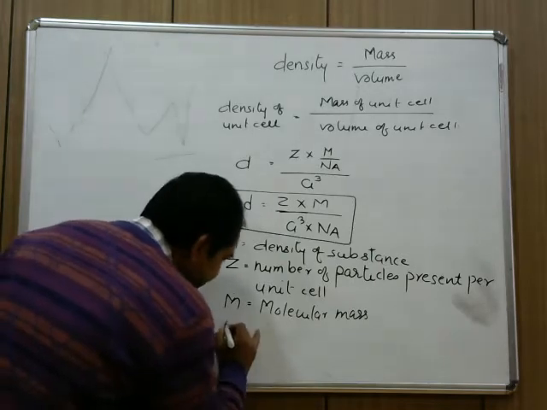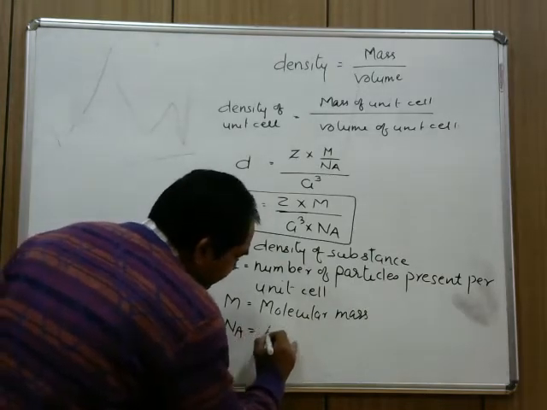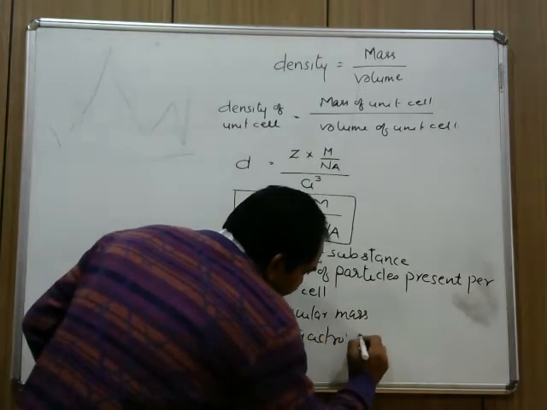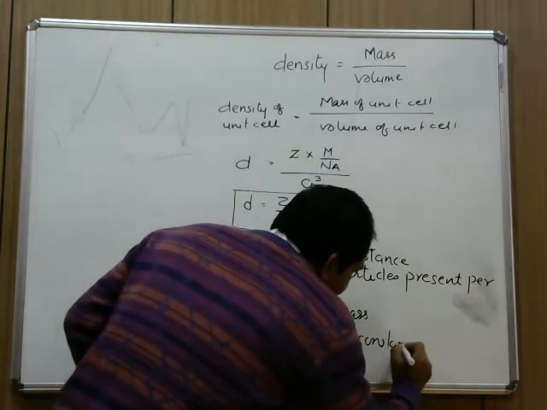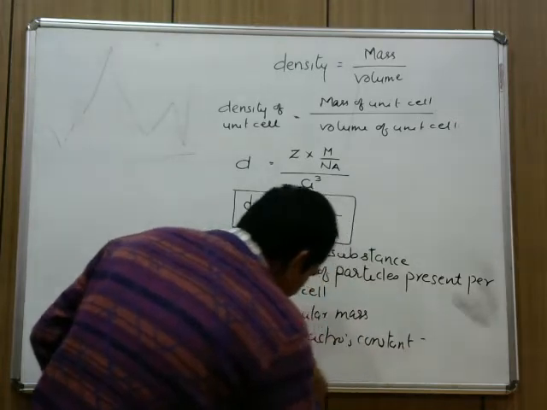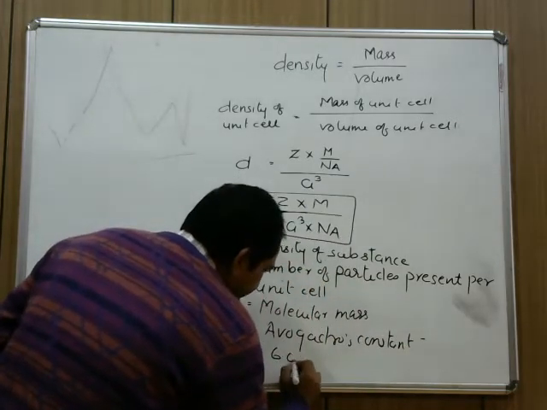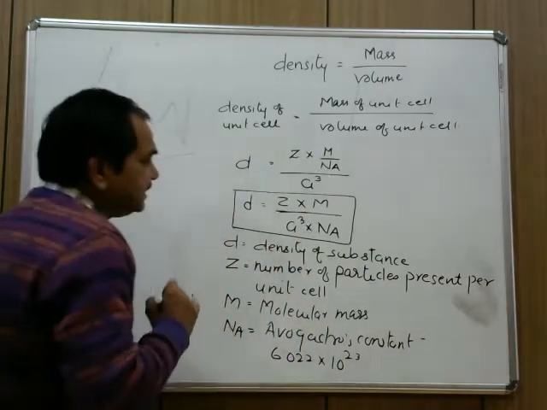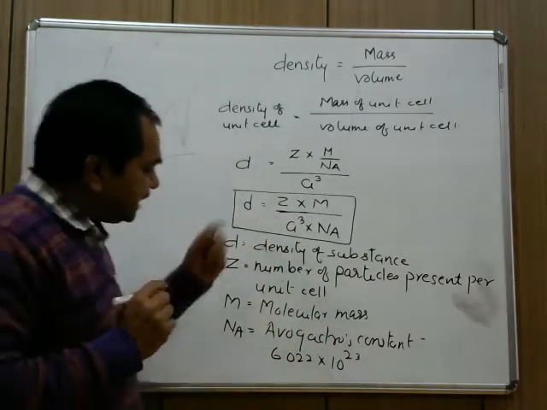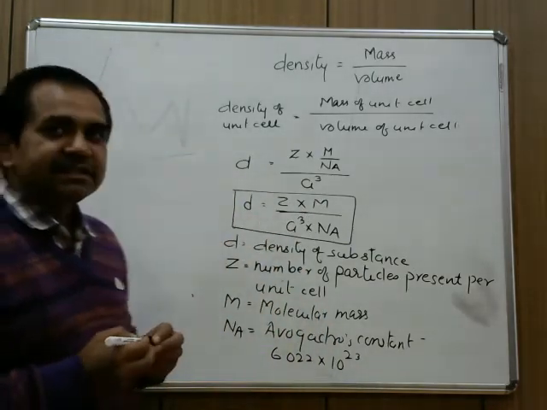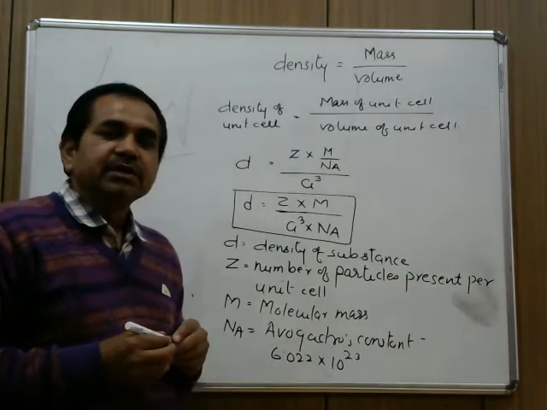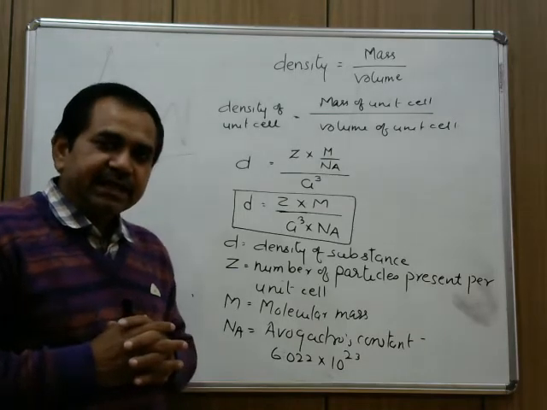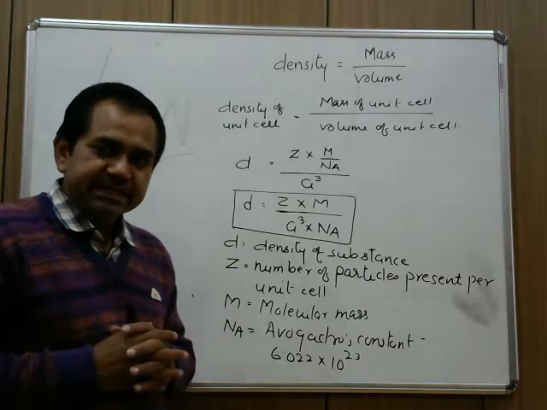Then this Na, everyone knows, is Avogadro's constant, or 6.022 into 10 to the power 23, and A is the edge length of unit cell.